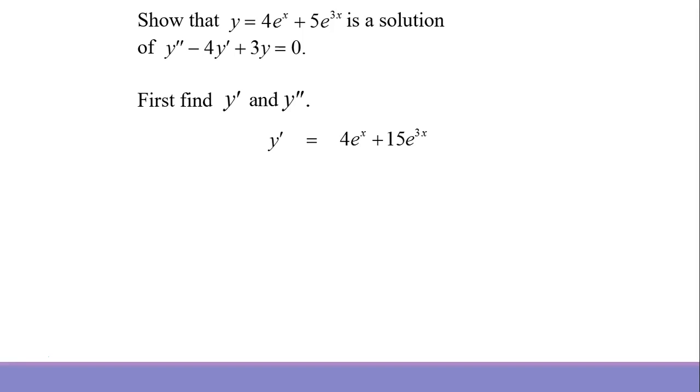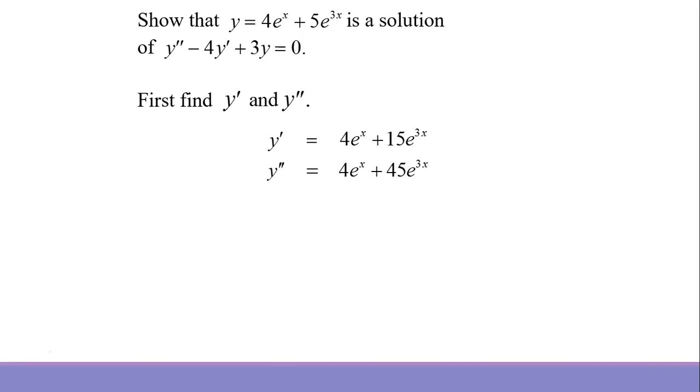If y is 4e to the x plus 5e to the 3x, the derivative of that is 4e to the x plus 15e to the 3x. Now we need a second derivative, so we'll take a derivative of that equation. And we'll get the second derivative is 4e to the x plus 45e to the 3x.